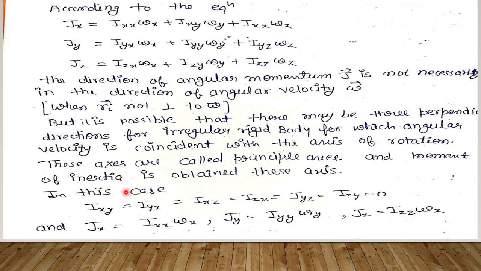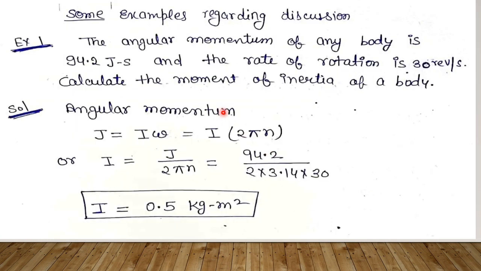In this case, we will have Ixy equals Iyx, Ixz equals Izx, and Iyz equals Izy, and all these six terms will be 0. We have only the terms Ixx, Iyy and Izz, and Jx will be Ixx omega x, Jy will be Iyy omega y, and Jz will be Izz omega z.